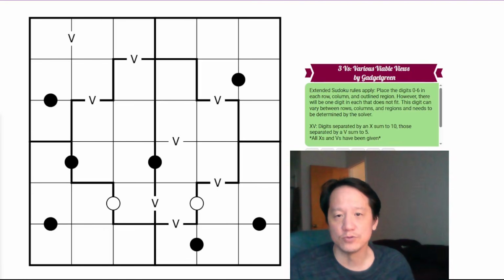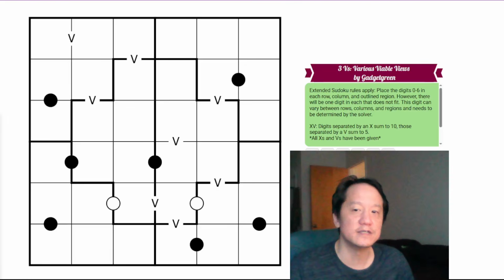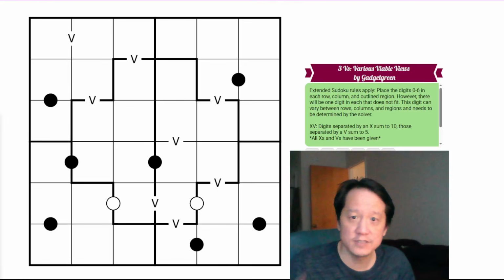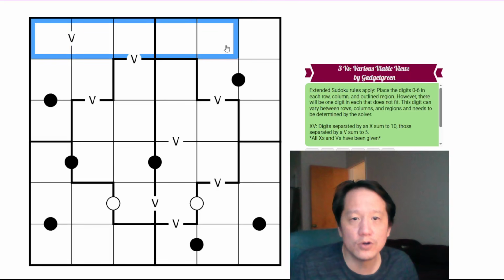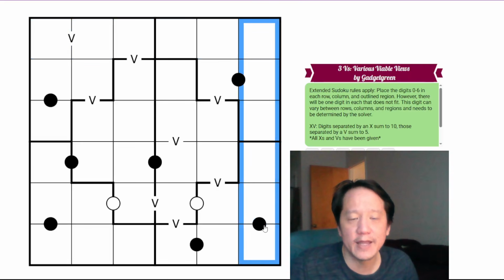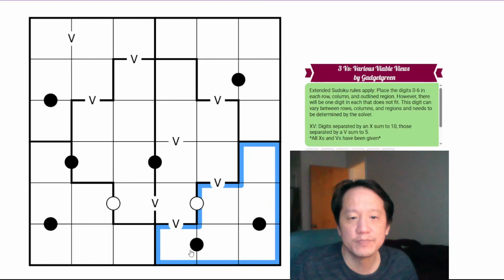And here are the rules. Extended Sudoku rules apply, which means place the digits 0 through 6 in each row, column, and outline region.